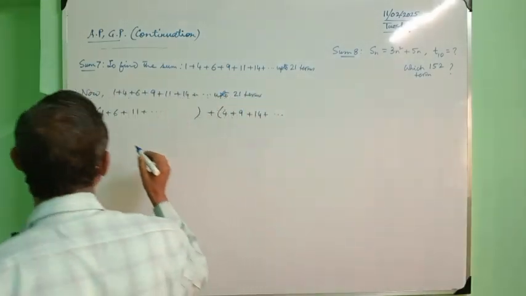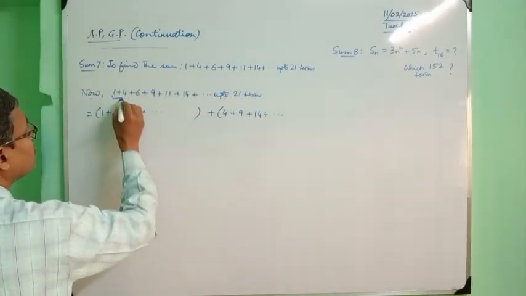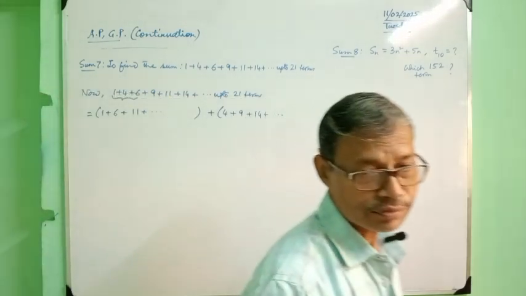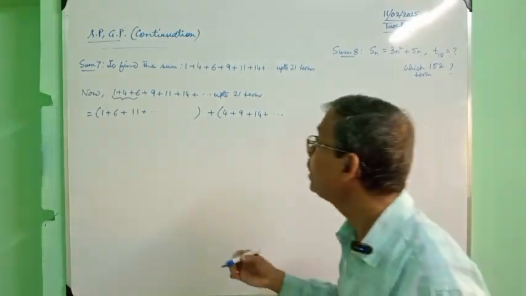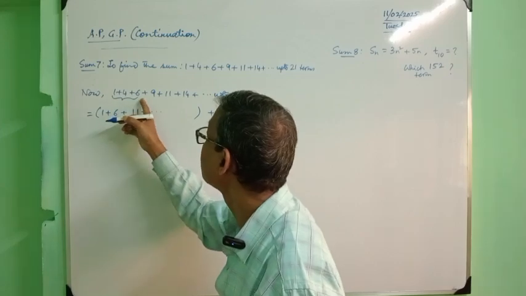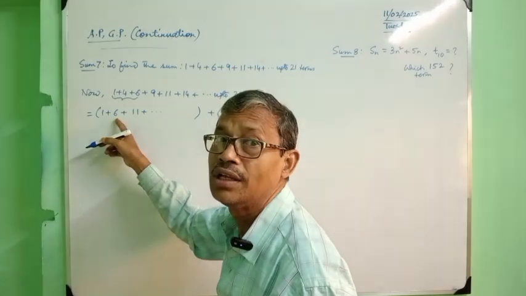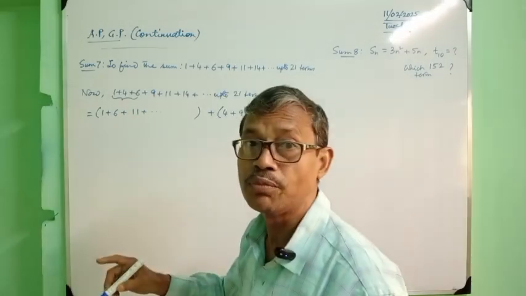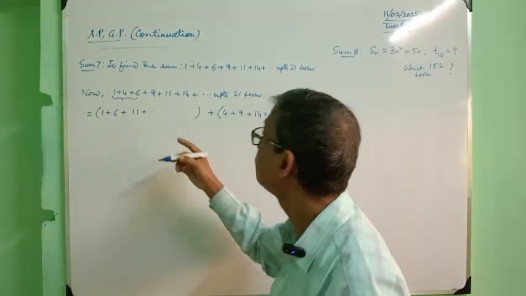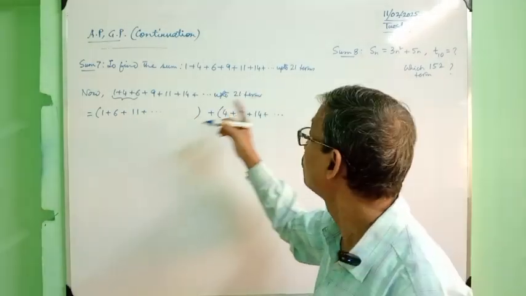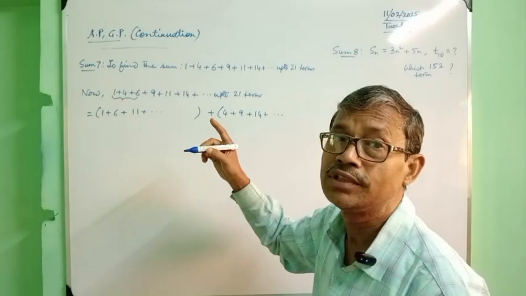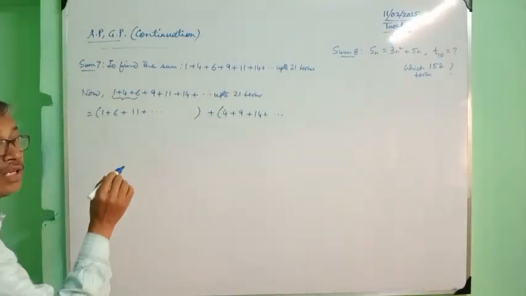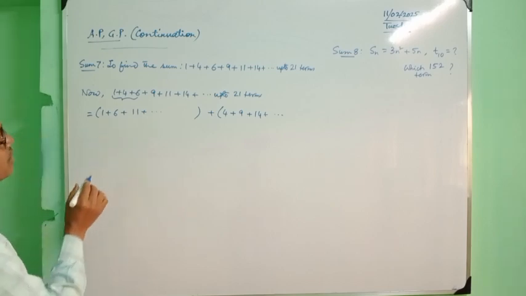To determine that, first we consider the 3, the least one. We see 1, 6, two terms are in the first group. Why have I taken 3? Because 21 is an odd number. That is why I have taken the first three numbers first.